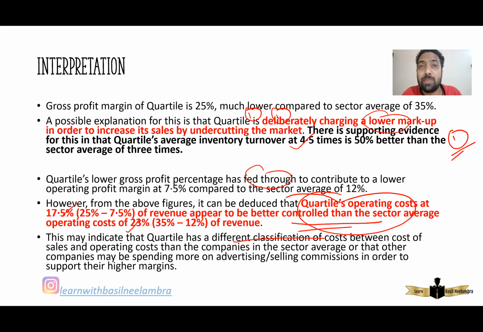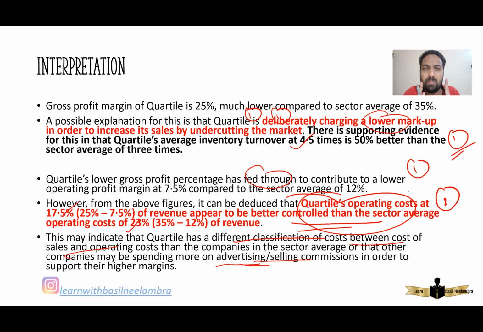Yes, it can happen because in the sector certain expenses will go to cost of sales. So even if you write this, perfect. Or maybe the sector may be spending on advertising or selling companies or whatever. You can write whatever points you want. So remember this point, the gross profit point, and this particular point.